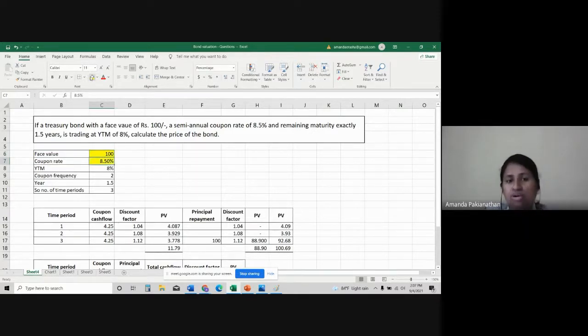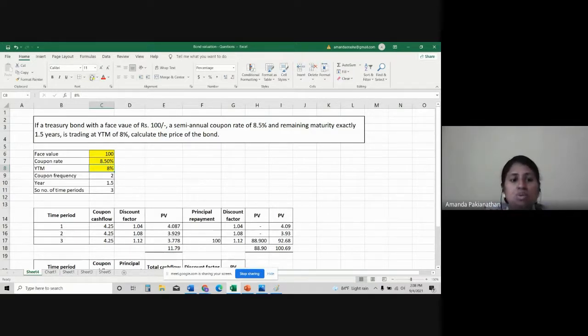Now coupon rate is an annual coupon rate. For 1 year it's 8.5. Okay. Yield to maturity, or the required rate of return, is 8%. This bond will give you 8% if you hold it until maturity. 8% is for 1 year. On a yearly term, it will give on average 8%.